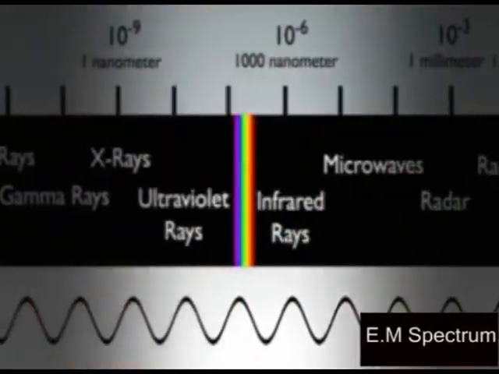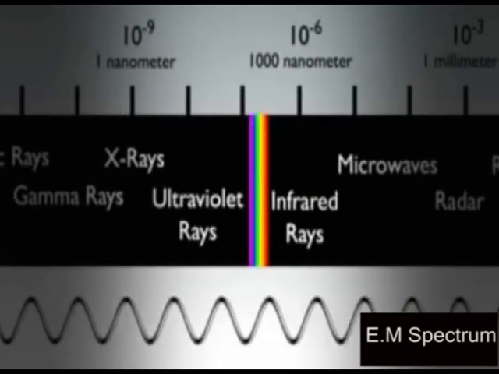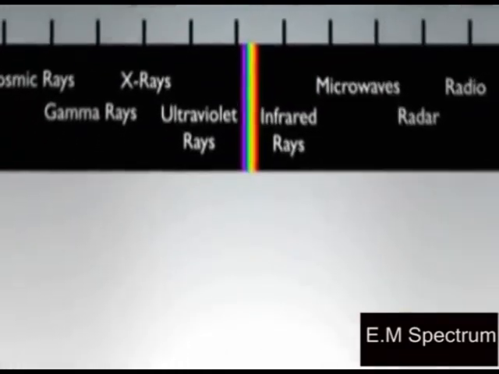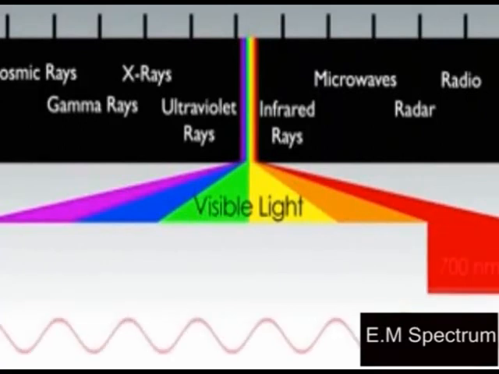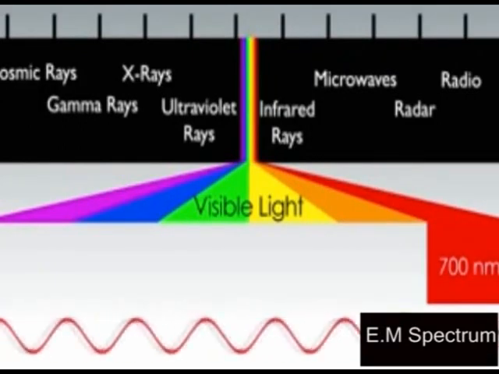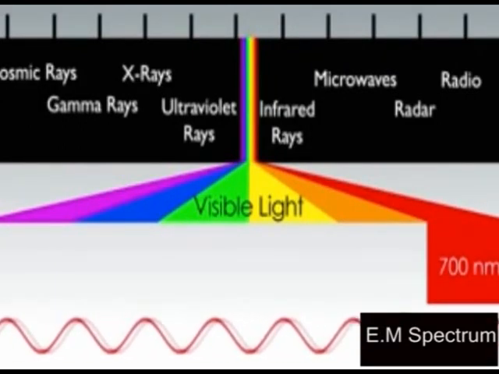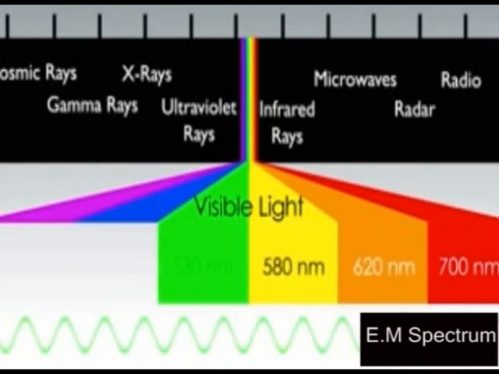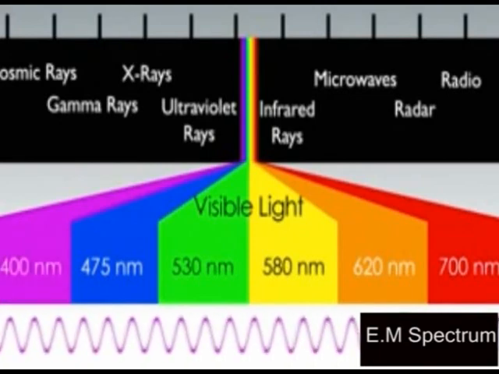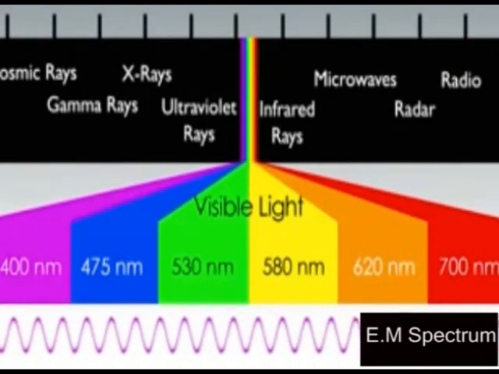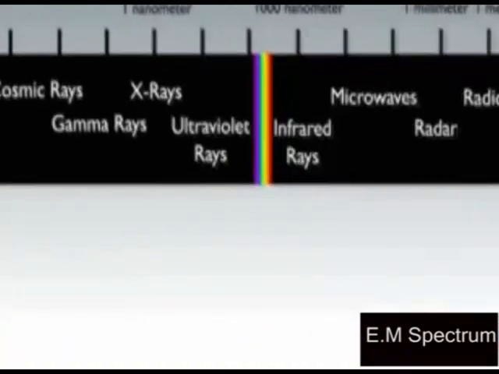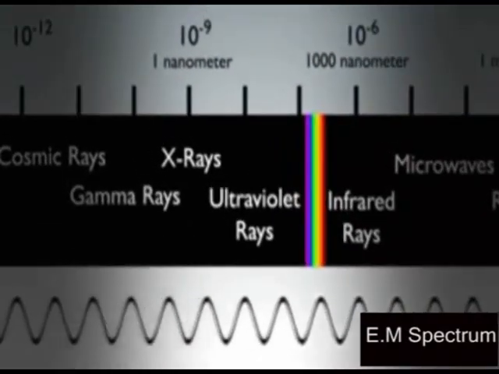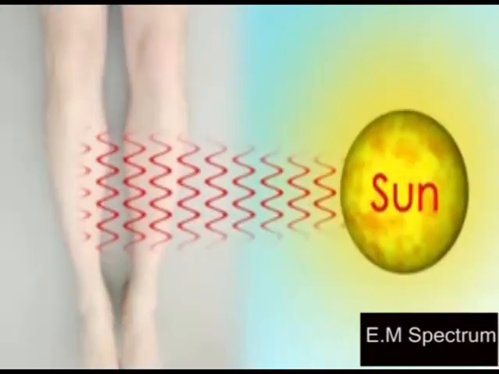Visible light occupies a narrow slice of the electromagnetic spectrum between infrared and the UV light. Red wavelengths have the lowest frequency and longest wavelength of the visible light. As you move from red through orange, yellow, green, blue, and finally violet, wavelengths shorten and frequencies increase. From the visible light we move to the UV frequencies.